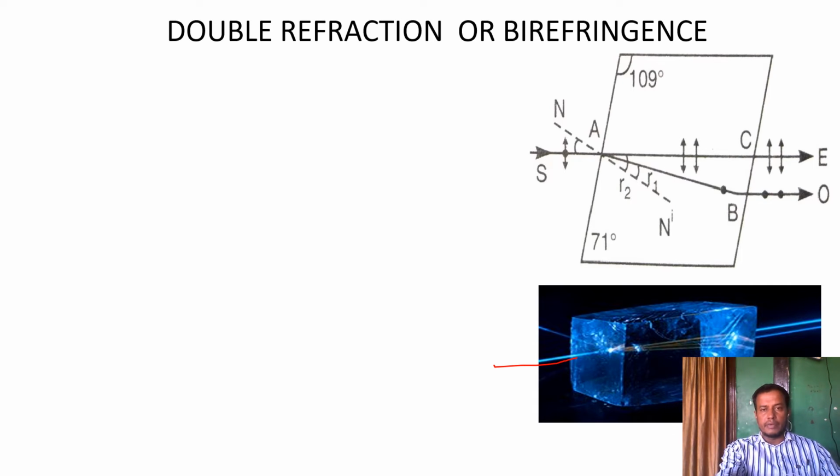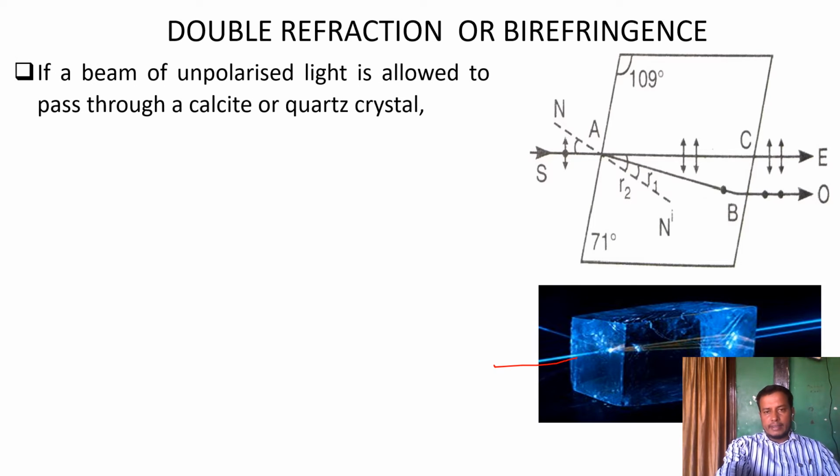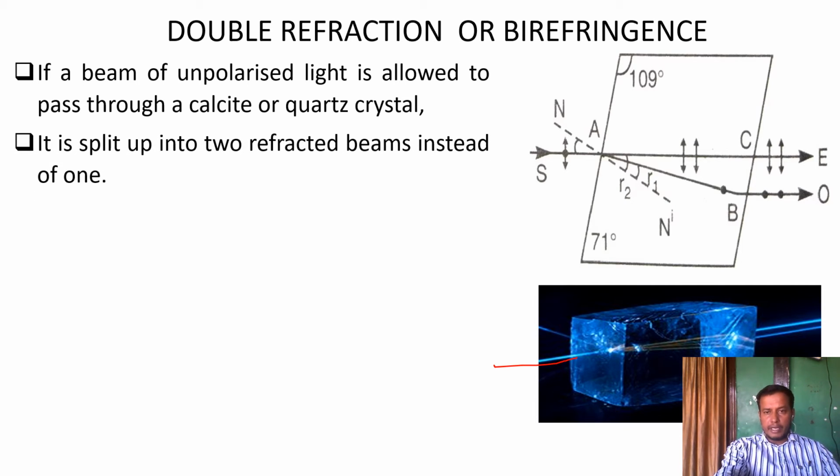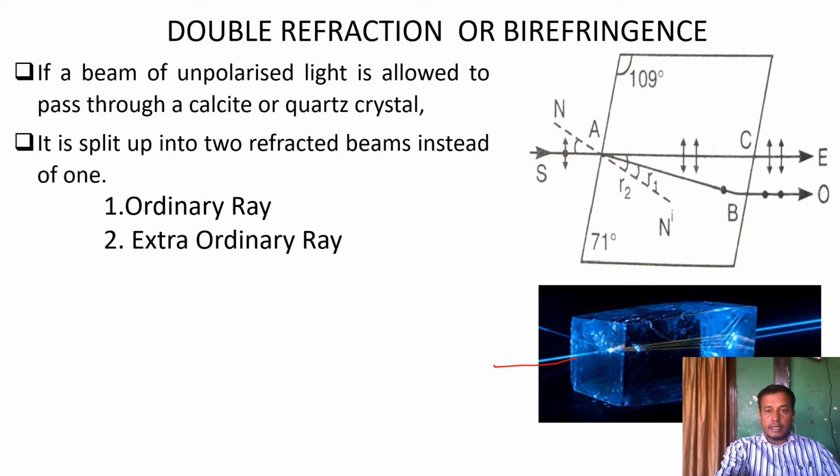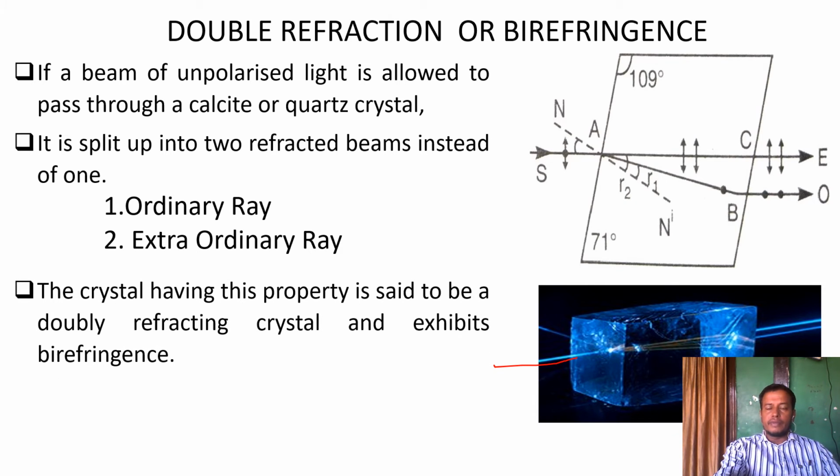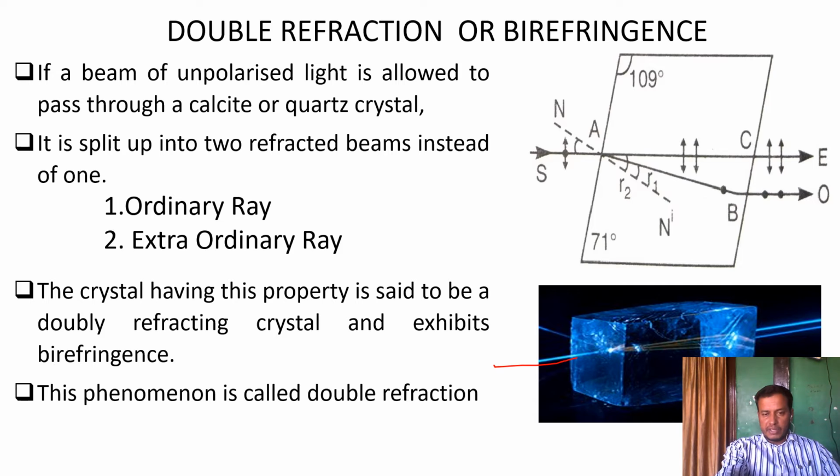This is called double refraction, and another name for it is birefringence. When a beam of unpolarized light hits a calcite or quartz crystal, it splits into two refracted beams, the ordinary ray and the extraordinary ray. This phenomenon is called double refraction because two refracted rays are seen, and the substance is called a doubly refracting substance. This phenomenon is birefringence or double refraction.